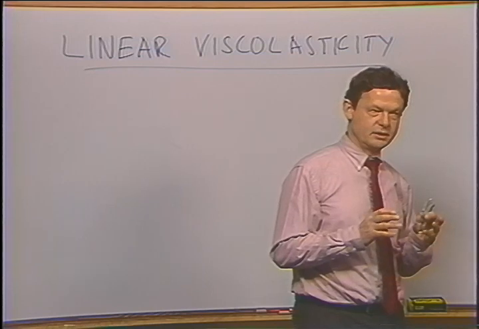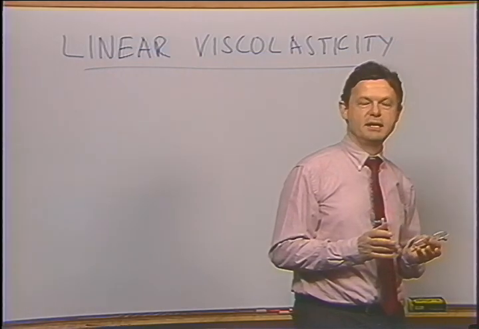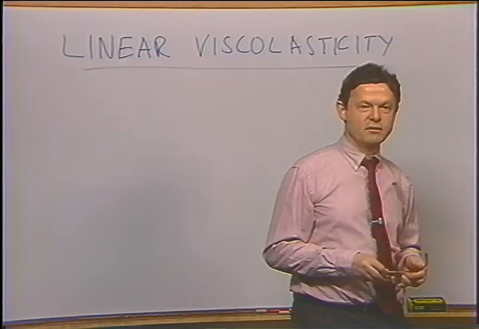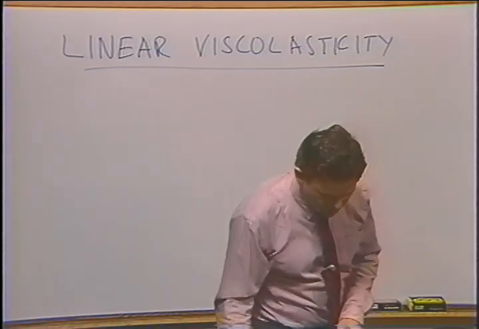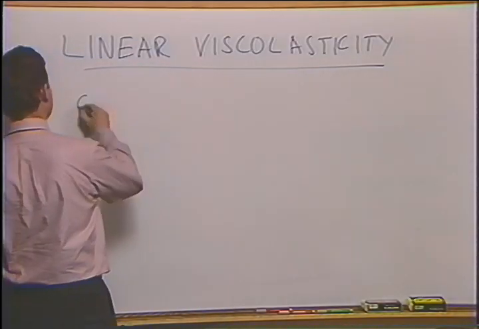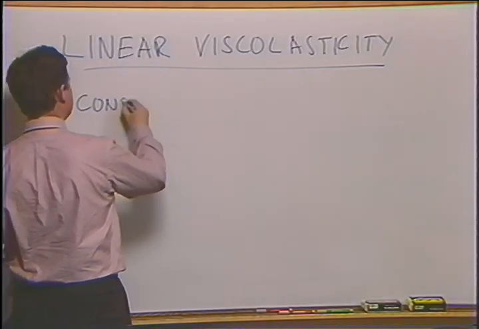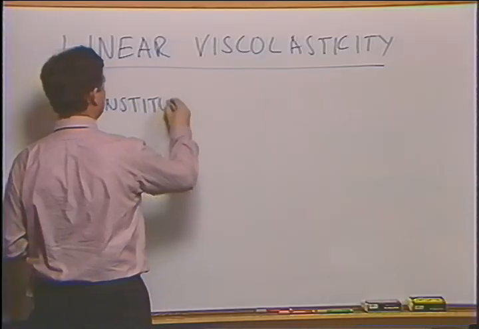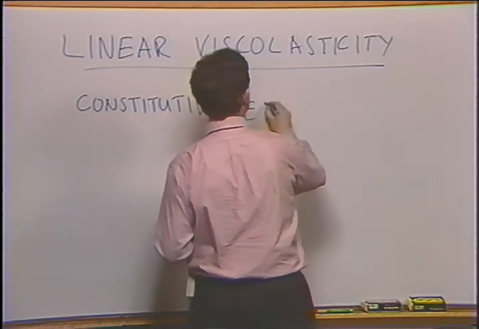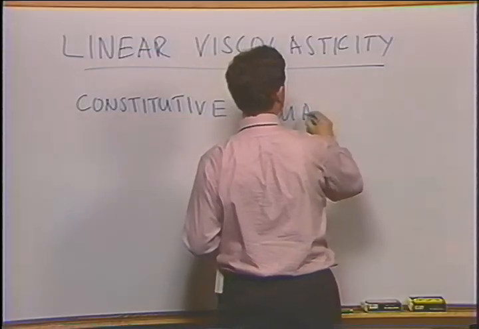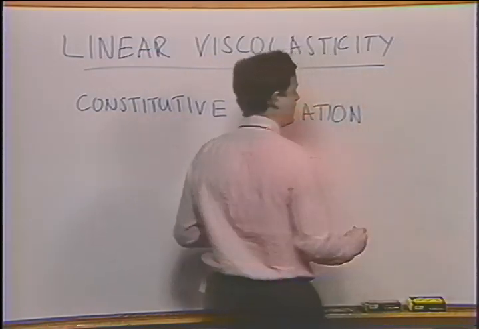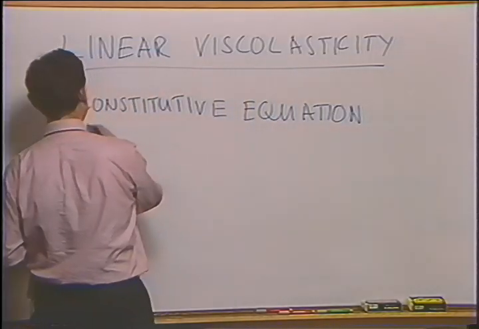We should capture all of this in the beginning and then move on to the constitutive equations for large deformations. So the objective here would be to formulate a constitutive equation for small strain.